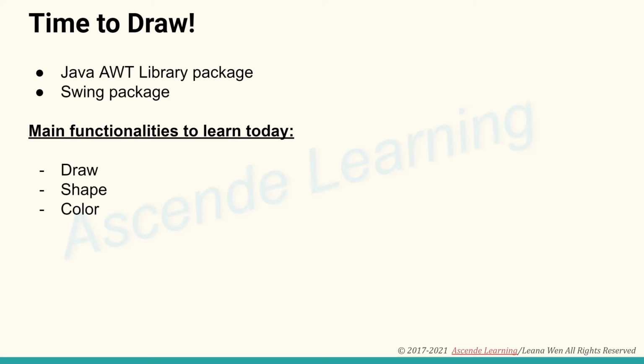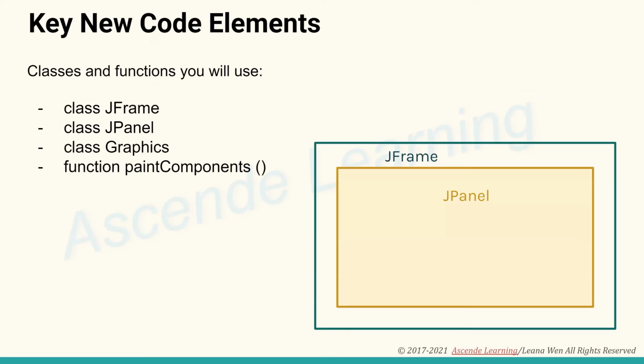Now, how does graphics work? First of all, today we're going to learn about two packages. We're going to see how to draw shapes and how to draw color. Very quickly, I want to give you a little overview from the abstract perspective.